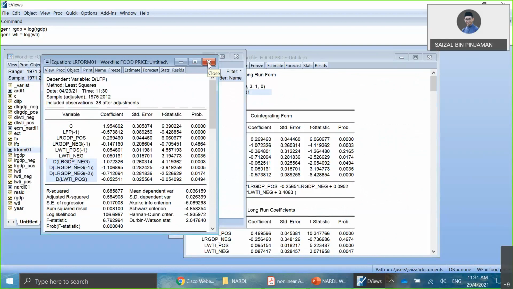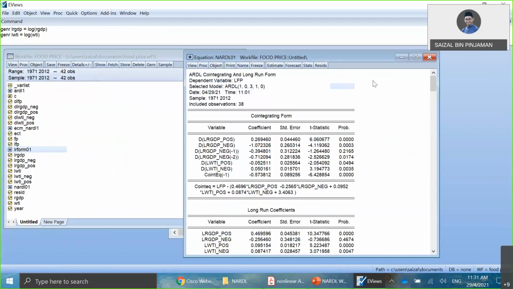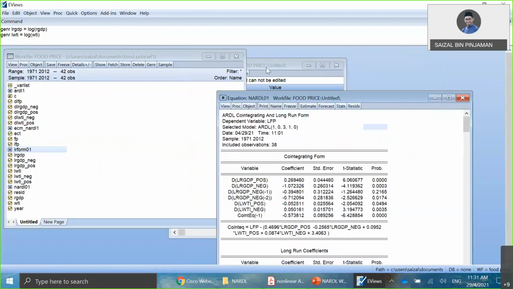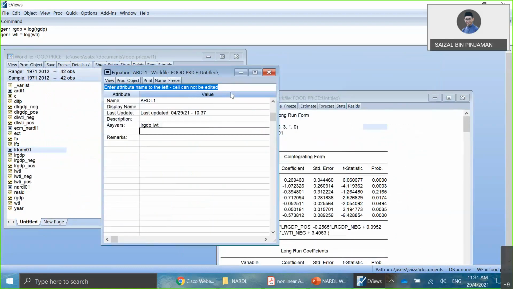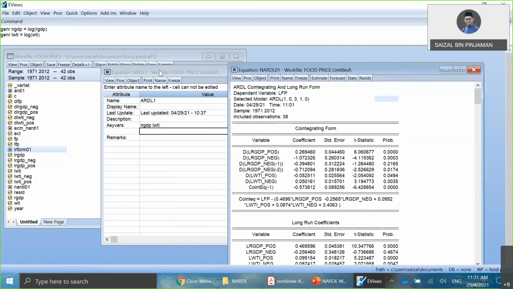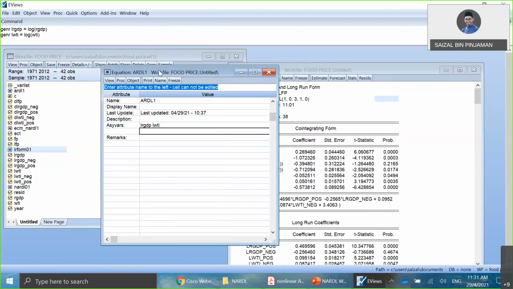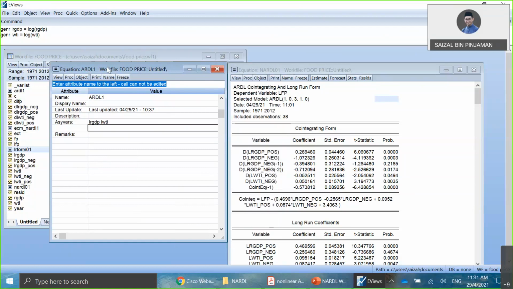So you can obviously refer to the method of NARDL and NARDL in the ECM form to check for the long run as well as the short run relationship between the variables, by referring to the methods that I showed before.